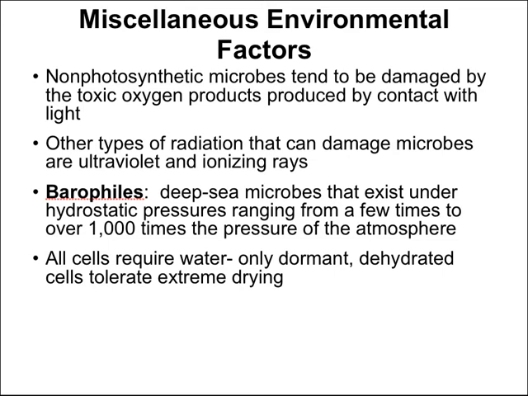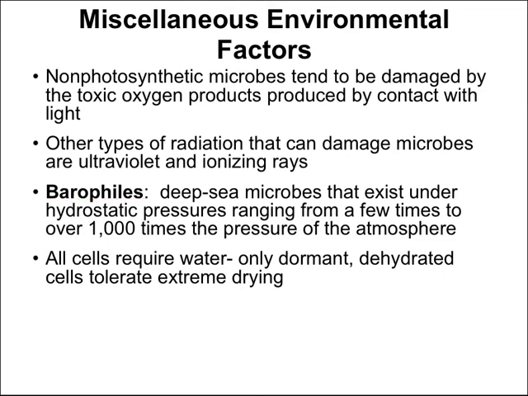And some organisms actually like visible light to use as their energy source. Although there are some non-photosynthetic microbes that tend to even be damaged by the toxic oxygen products that are produced by contact with the light. And the other types of radiation, like ultraviolet and ionizing rays, can also damage most microbes.